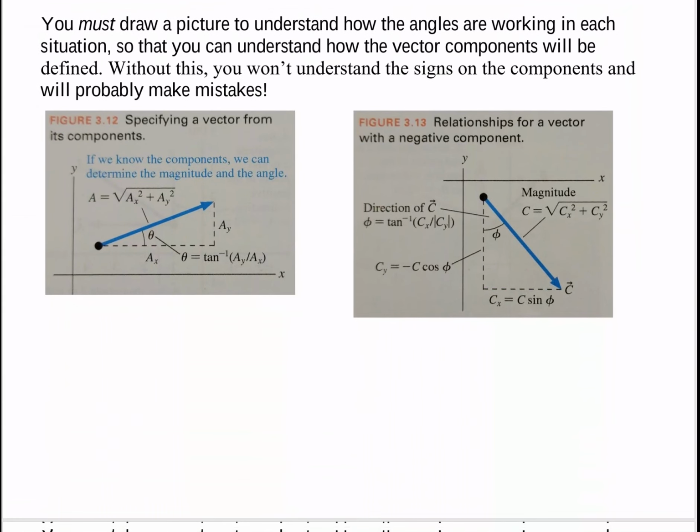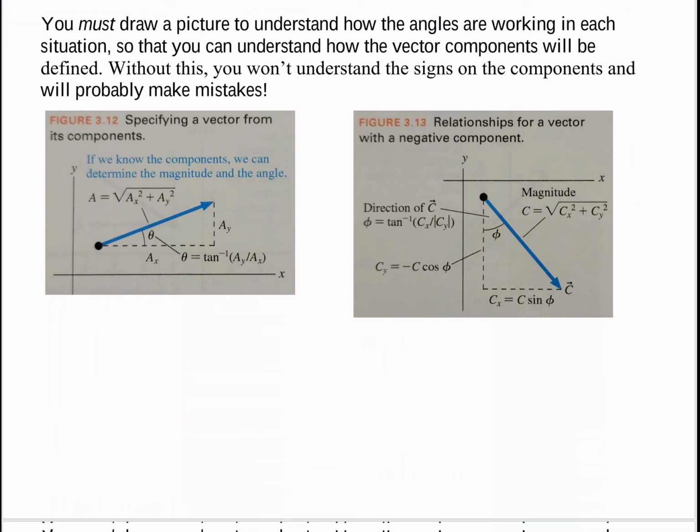So I'm telling you, you must draw a picture. You absolutely need to draw a picture to understand how the angles are working in each situation, so you can understand how the vector components are going to be defined. If you don't have a picture, you're not going to know for sure, and most likely you're going to come up with the wrong answer.